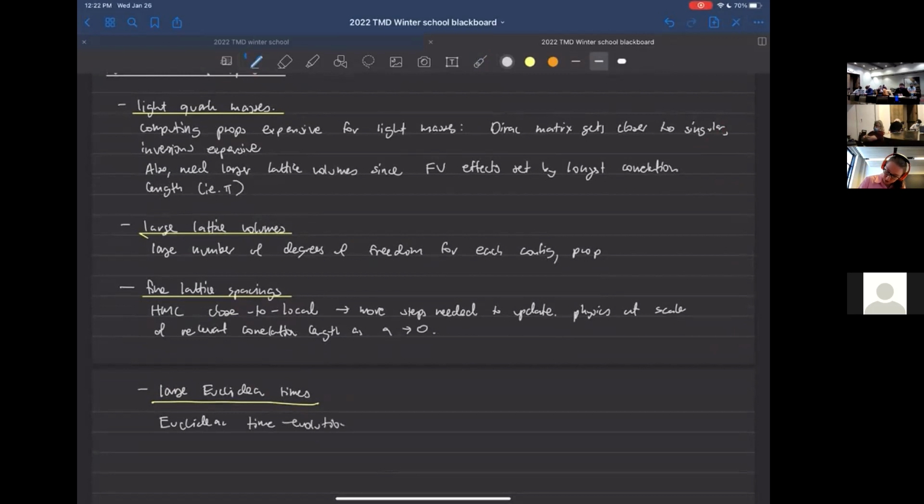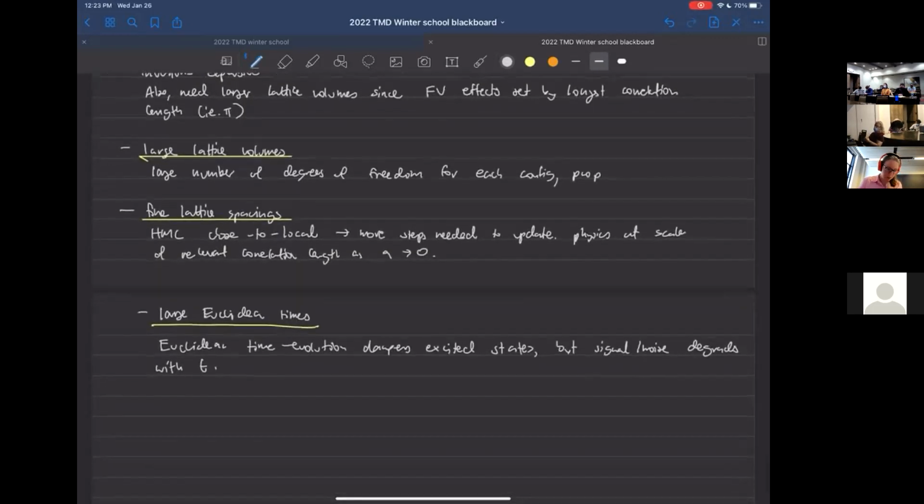But it gets noisy. So Euclidean time evolution dampens excited states, but the signal to noise degrades with T. So let's sketch what happens here.